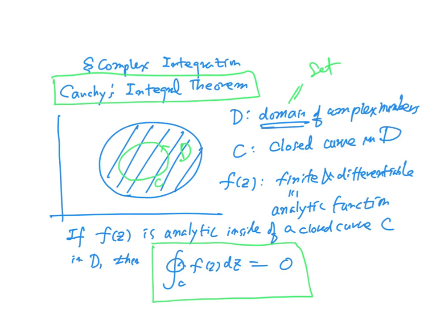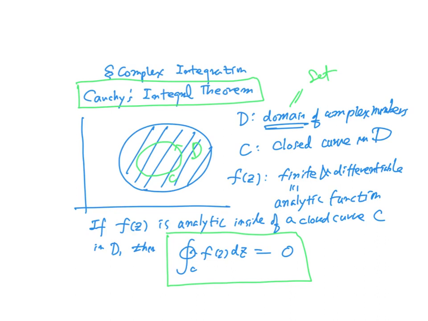And we are going to see why this is important. But for now, let's focus on the theorem. So f(z) is analytic means, number one, f(z) is finite everywhere in D, and number two, f(z) satisfies Cauchy-Riemann conditions at every point in D.